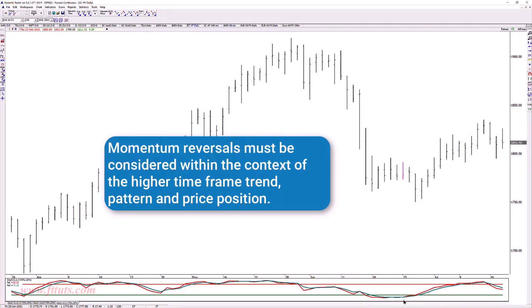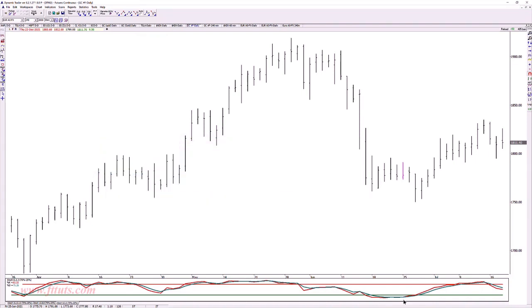It would only indicate that if it reached the oversold zone and made a bull reversal, and then particularly once it exited the oversold zone, that it had made a low of some sort, and it would really be our price and pattern position that would help us to indicate how important and what time frame low it would be.